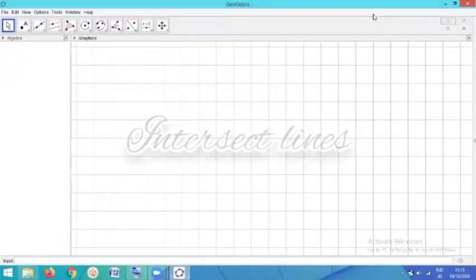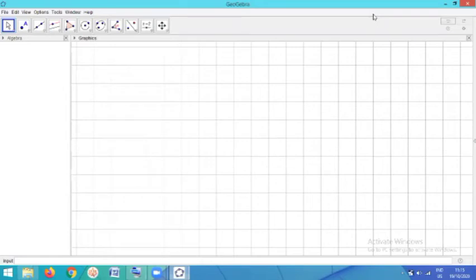So let's look at the characteristic of intersecting lines. First, we draw two intersecting lines in GeoGebra. To draw intersecting lines, we draw a first straight line.